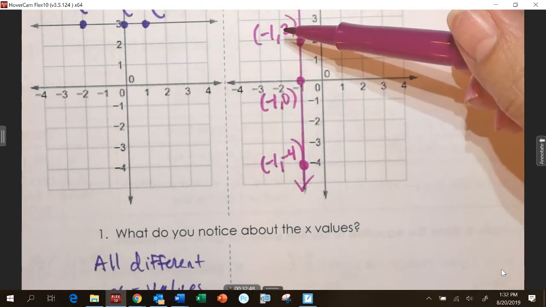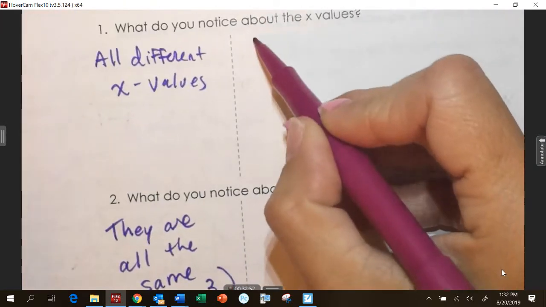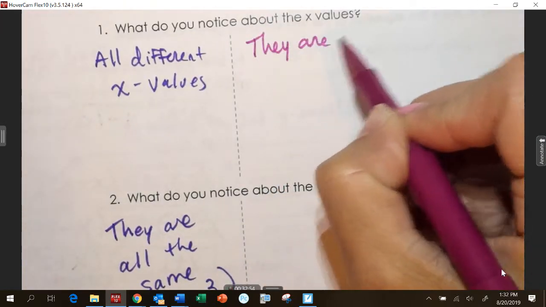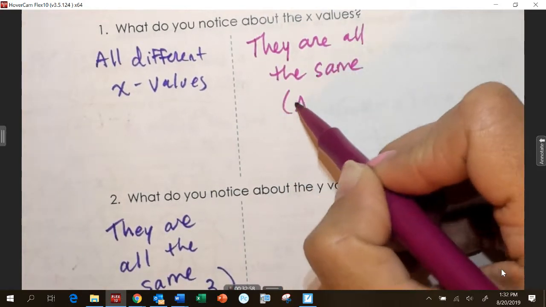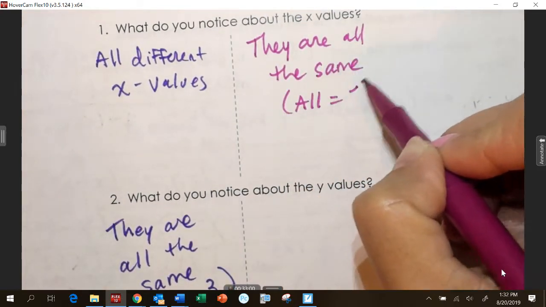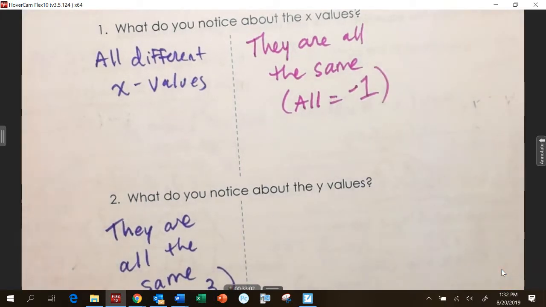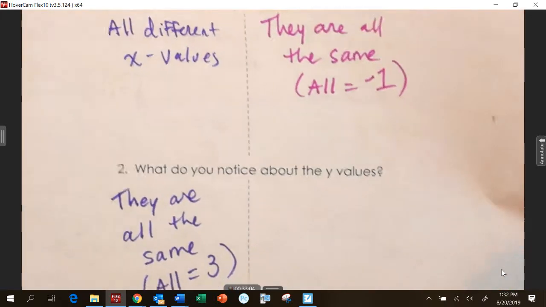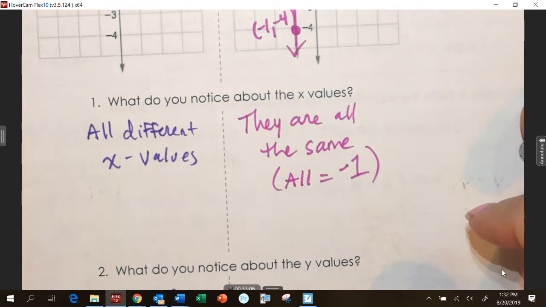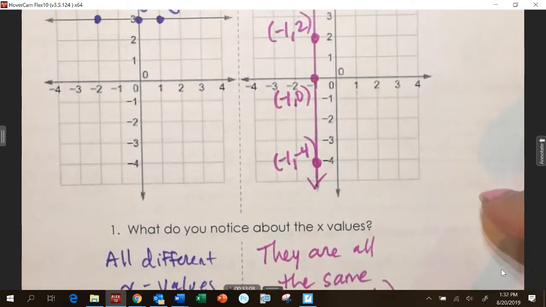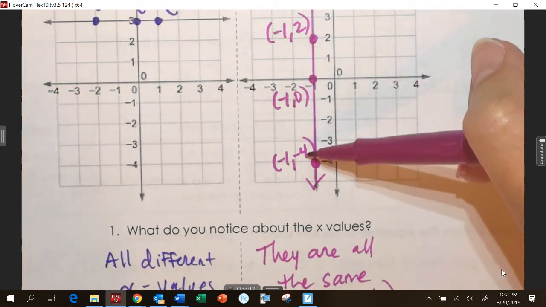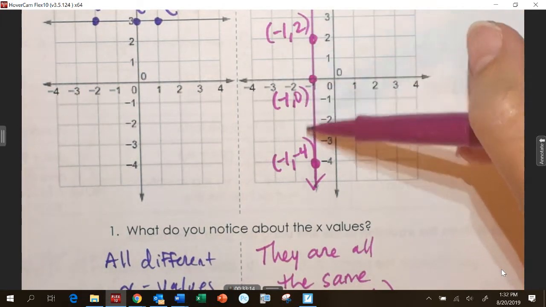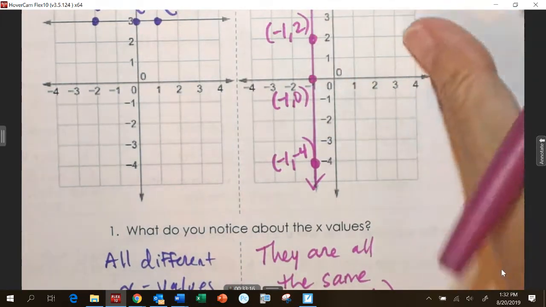What do you notice? They're all the same. They're all -1. Yeah. They are all equal to -1. Devin, welcome to the class. What do you notice about your y values? They're all different.